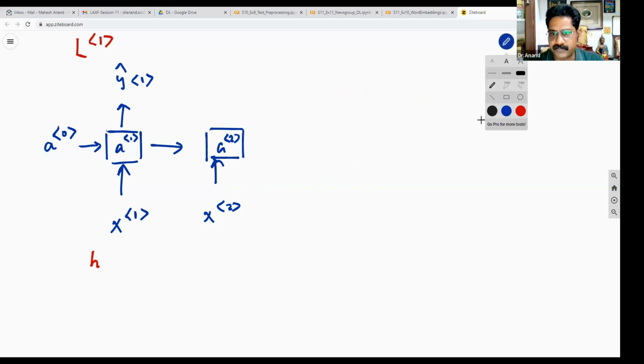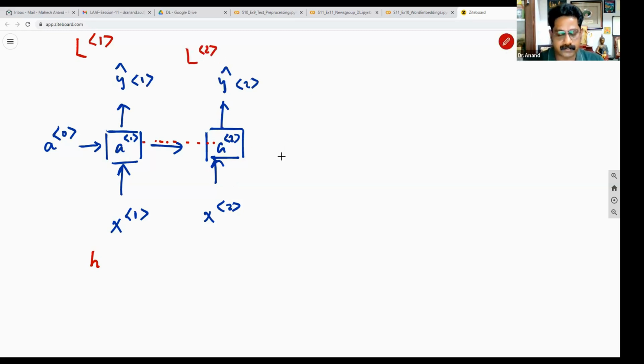That is why, in most of the literature, the unfolded version is more popular than the feedback arrow diagram. So now you can see your previous state memory A is coming over here, along with your current input. And we are calculating Y cap for the second token. Similarly, you can calculate the loss associated to the second token.